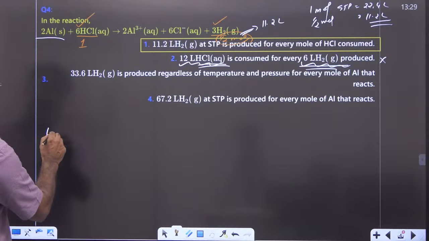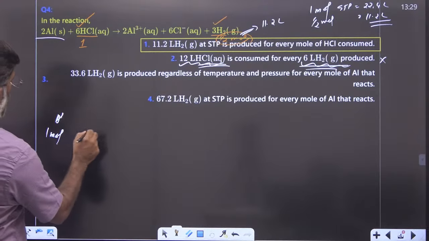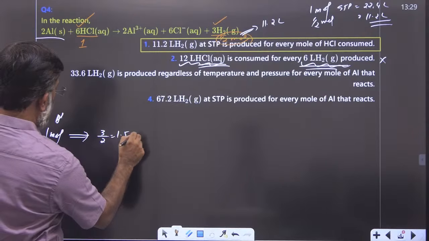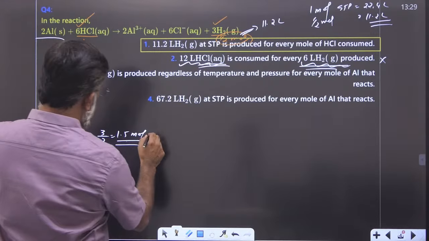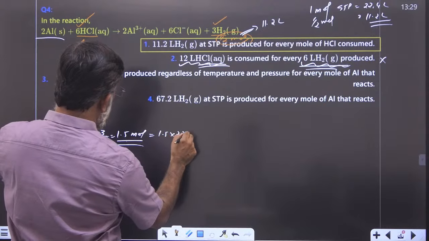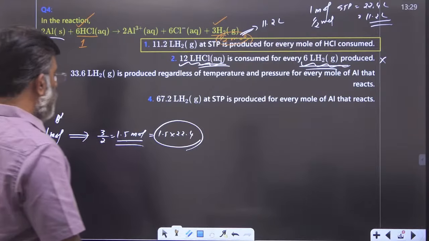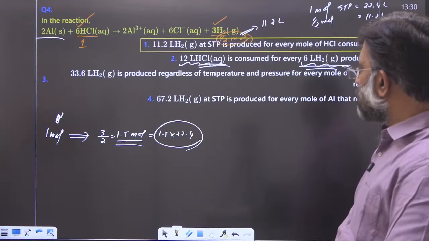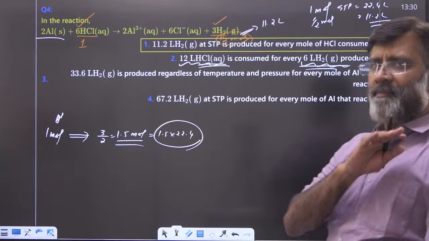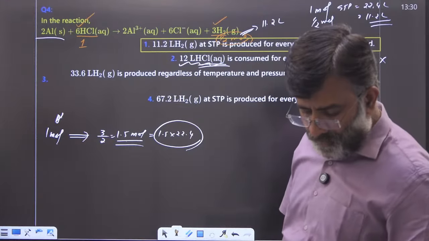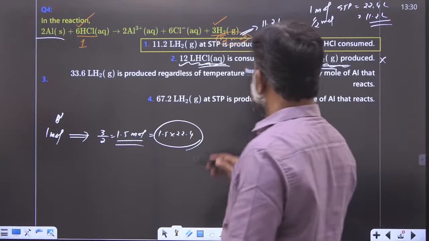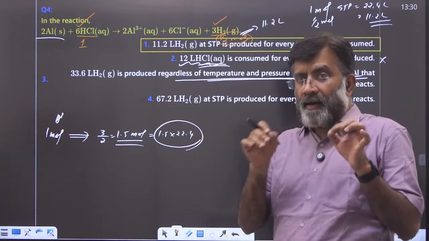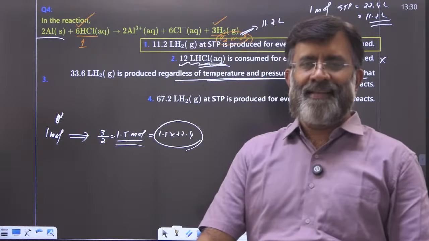Therefore, 1 mole aluminium, the hydrogen obtained will be 3 by 2, that is 1.5 mole. 1.5 mole means 1.5 into 22.4 liters, it is given 33.6 liters. Anyway, that statement is not acceptable, because it says regardless of temperature and pressure, right? That is not acceptable.